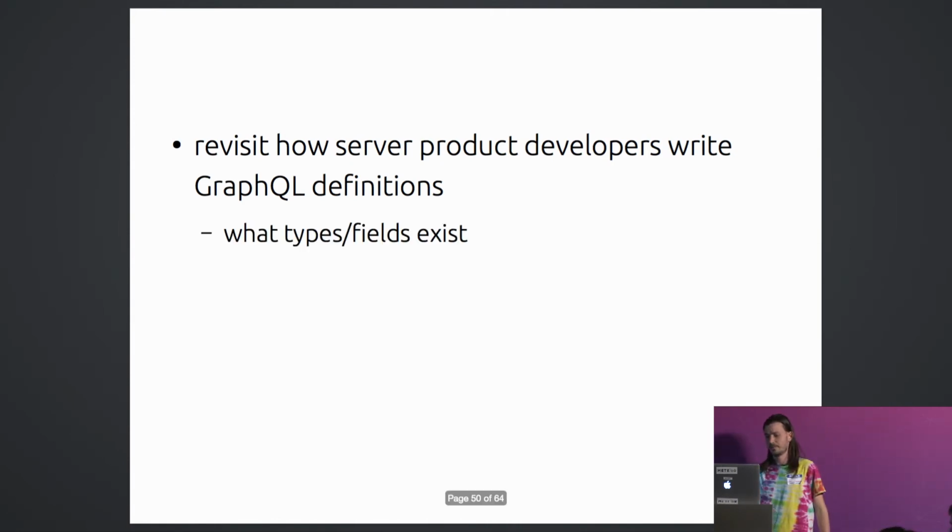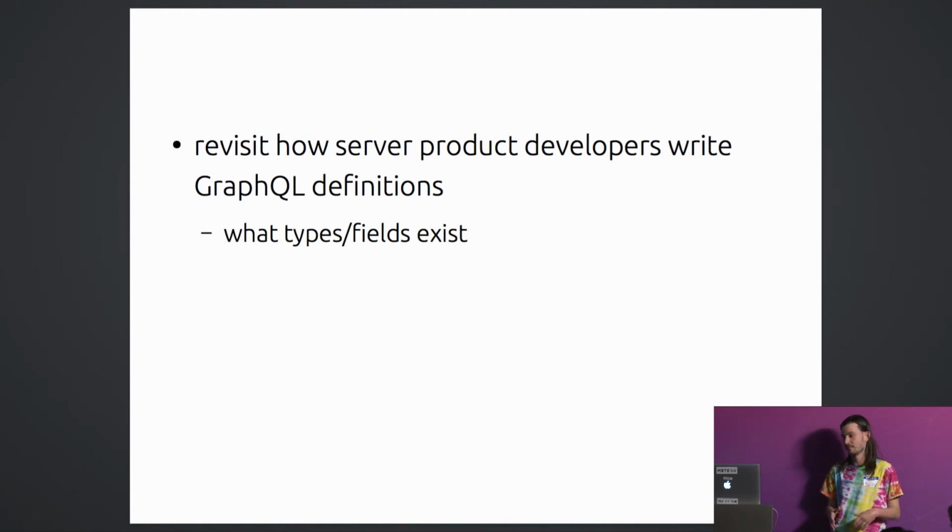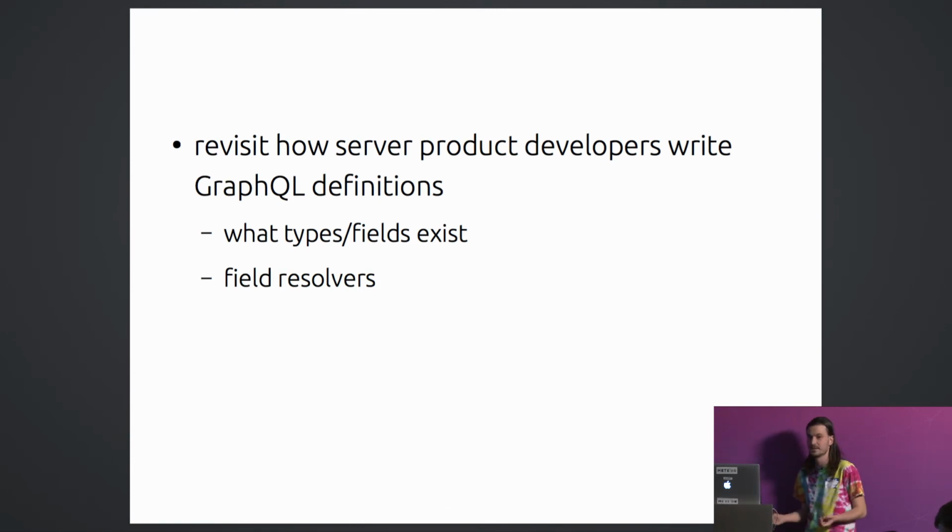By which I mean, the first part is how do they declare what types exist in our schema and what fields exist on these types. And then an even more interesting part is how do they create these field resolvers? How do they declare the chunk of PHP code that actually resolves the value of the field?